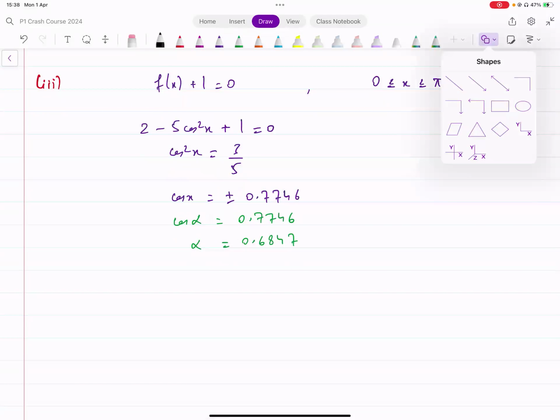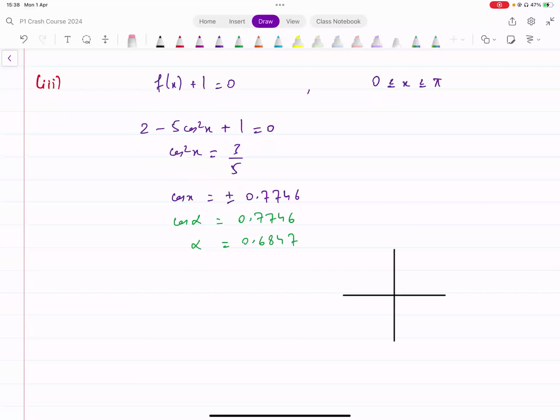Then you think of quadrants. Since cos x could be positive or negative, it could be any of the 4 quadrants. However, the interval is from 0 to pi, which means the third and fourth are not possible. You're only going to look at values in the first quadrant or the second quadrant.